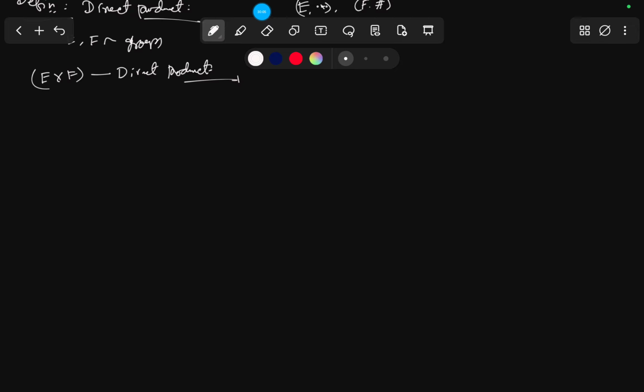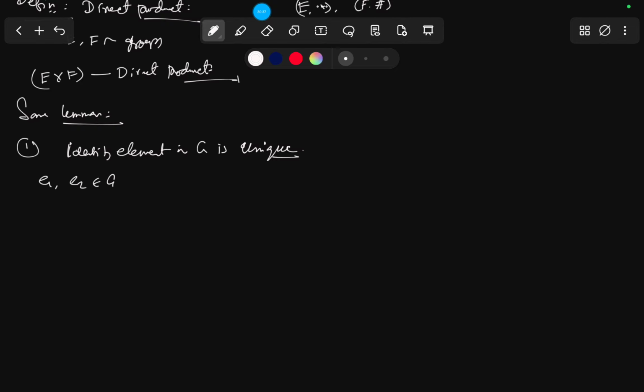Now there are some lemmas. These are very basic lemmas that we have already considered. First of all, the identity element in G is unique. Let's assume that we have two identity elements E1 and E2 in G. So what about E1 star E2?